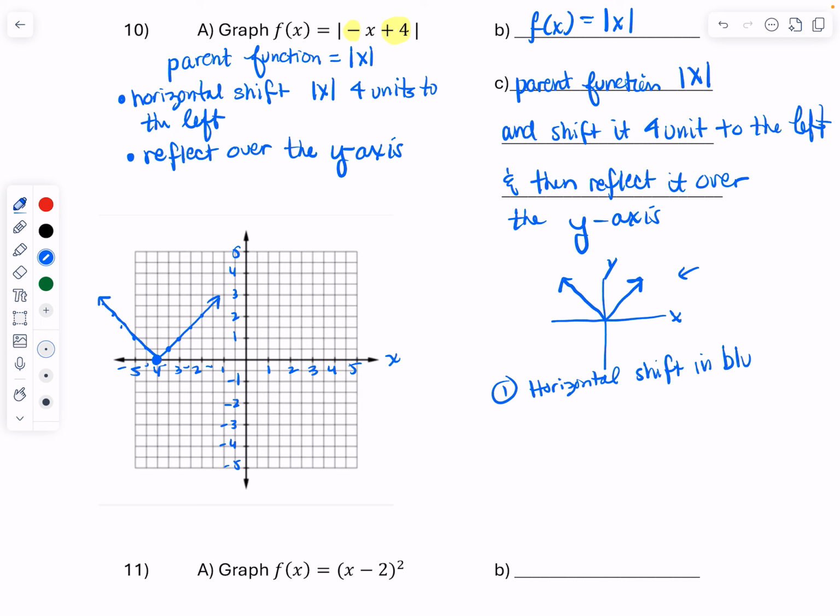In blue. Okay, now I'm going to reflect. And I'm going to do that in red. Okay, so if you reflect over the y-axis, all of my x values basically become the opposite. So -4, 0 becomes 4, 0, right? So my x values actually change.